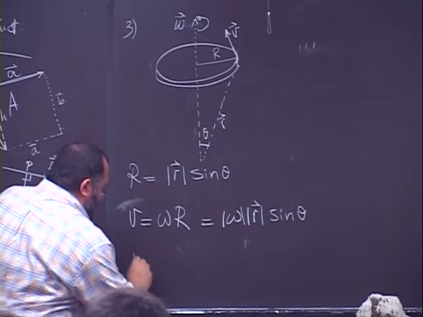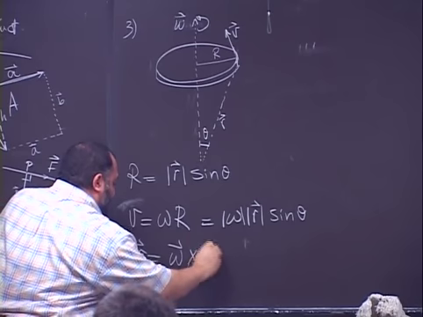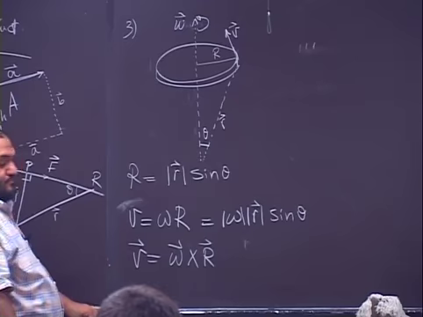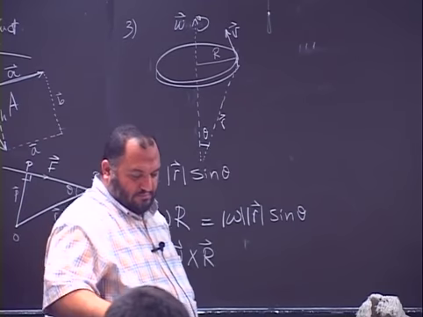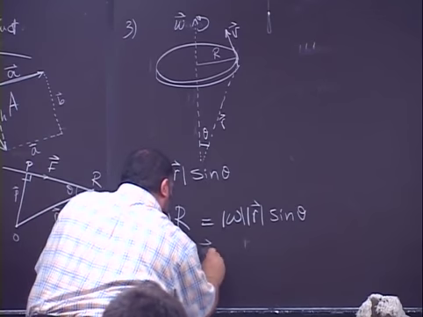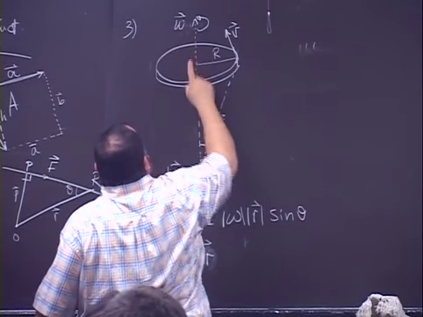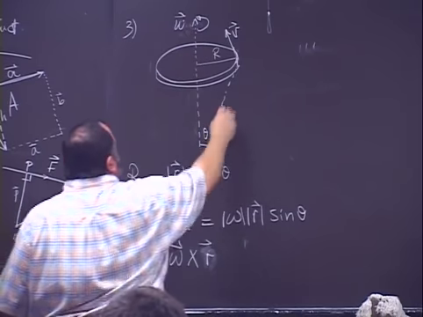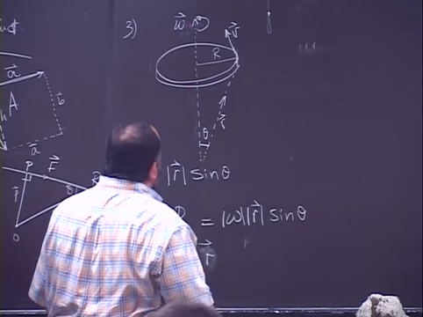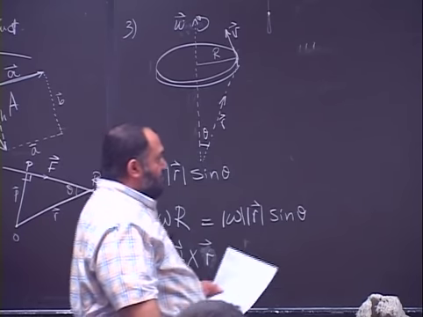So in this case, V is nothing more than omega cross r. Of course, r small. So the vector omega is in this direction and r is in this direction, and it will give you the vector V perpendicular to both.